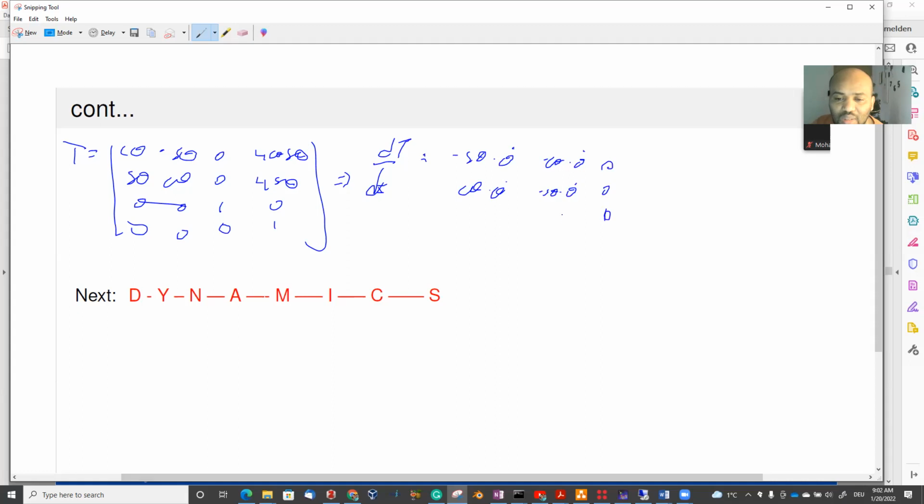L1 cos theta, L1 sine theta times theta dot, plus L1 derivative is 0, so it is 0. L1 cos theta times theta dot. So you forgot the minus in the first one, minus L1 sine theta.